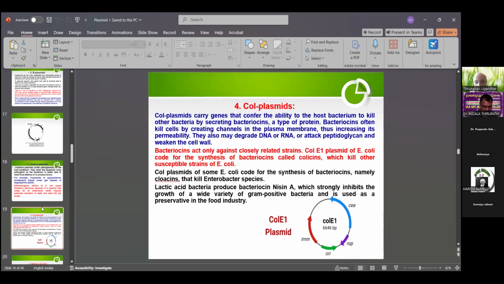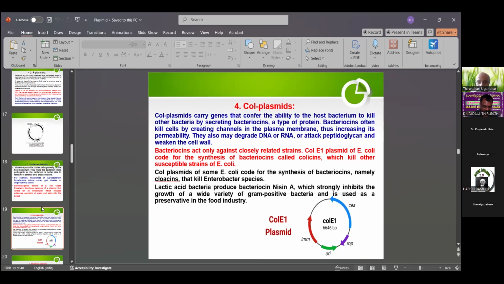Col plasmids carry genes that confer the ability to the host bacteria to kill other bacteria by secreting bacteriocins. So these bacteriocins are separate. An example is a bacteriophage-like type of protein.